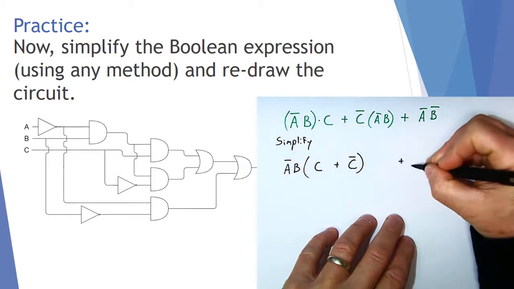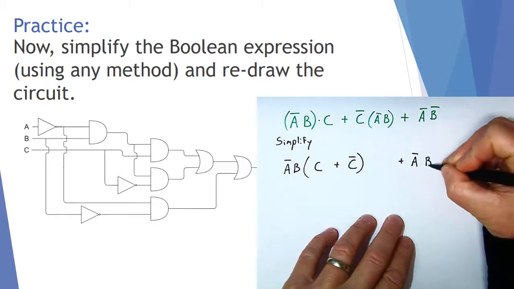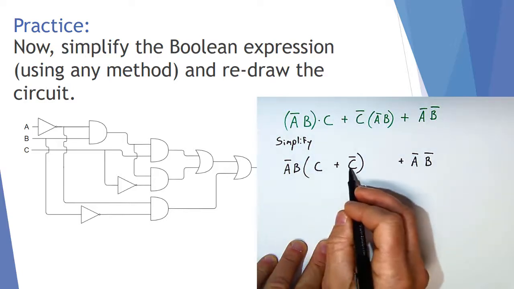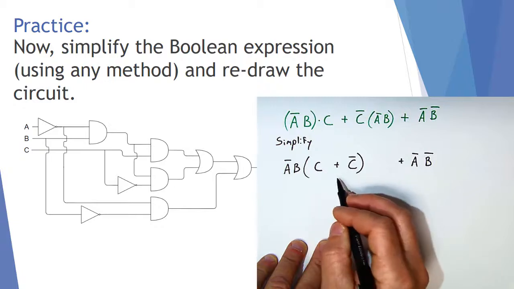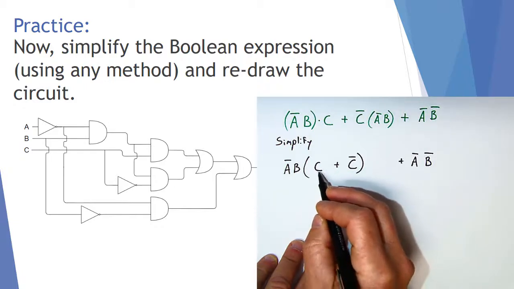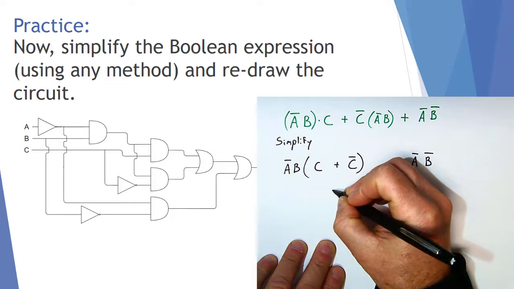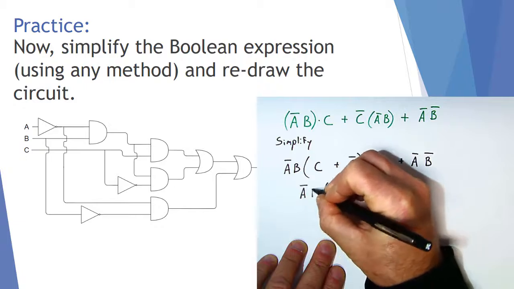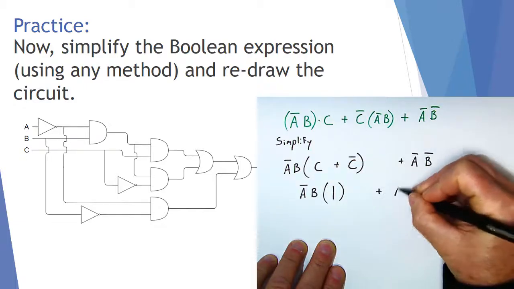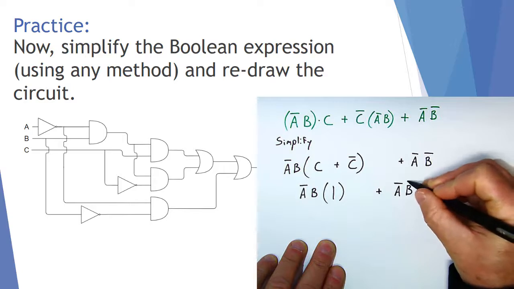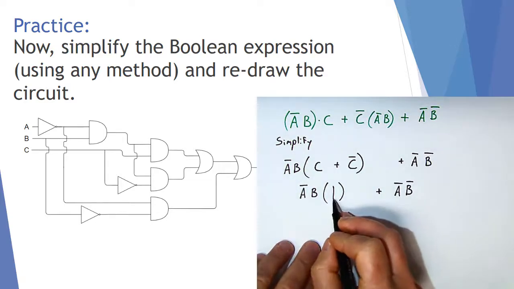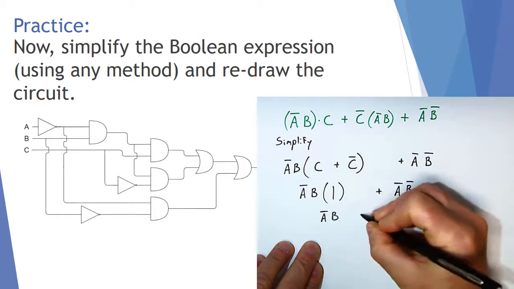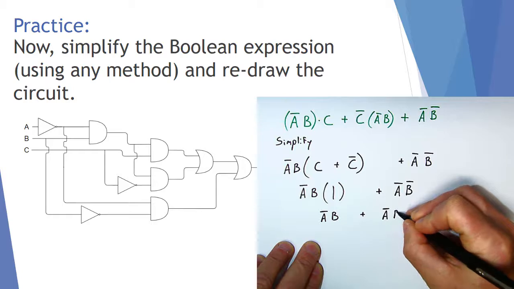And of course we have plus the negation of A, the negation of B at the end. But we know that C or C naught, of course, is always going to yield a 1, because C will always be either true or its negation will be true, or a 1, you might say. And so that becomes 1. And so we have A naught times B times 1, or A naught B naught. But of course, 1 is the identity, so this really becomes A naught B or A naught B naught.